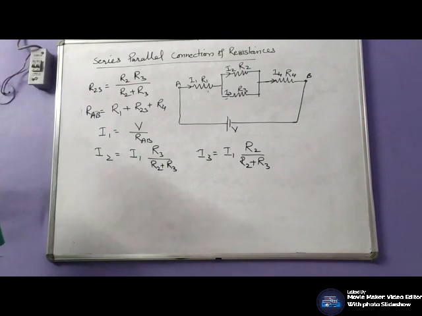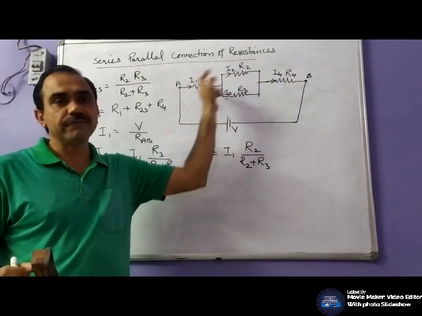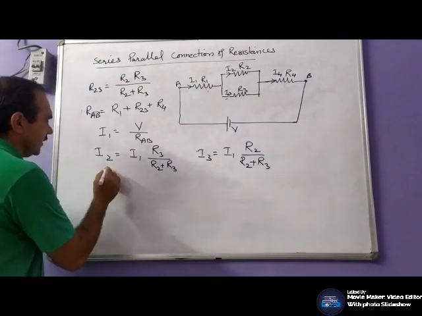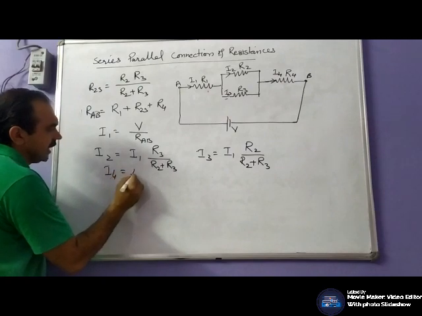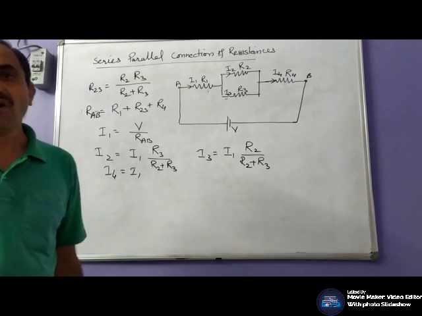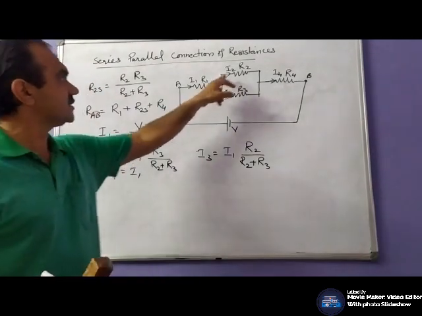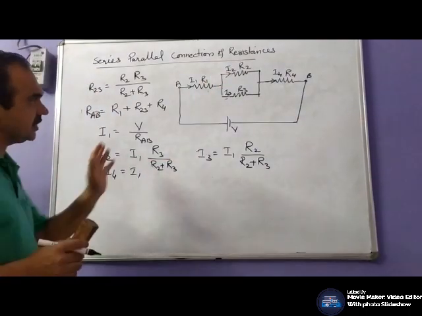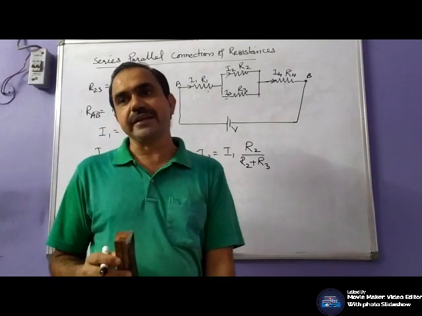Now, what would be I4? The same current is flowing through R4 which was flowing through R1. I4 is I1, or we can say I4 is I2 plus I3. In this way, we can simplify our network.